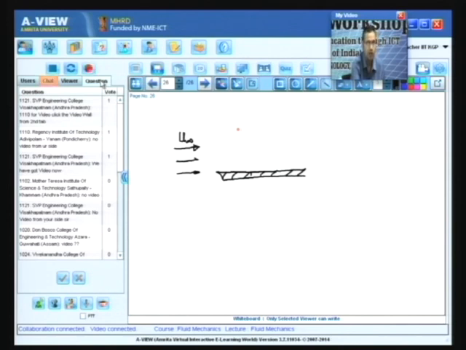Now, when is the no slip boundary condition valid? Let us say that if we magnify a part of this and enlarge it, you can see surfaces like this.